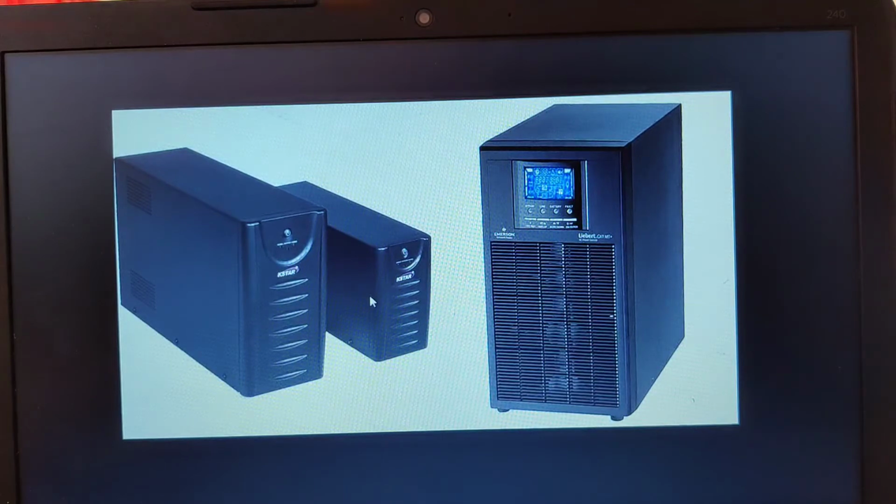Now in case of offline UPS, what happens? If the current is there, you will not be getting any power supply from the UPS. Instead it keeps on charging. Whereas at the time when the power supply goes off, if there is a current failure, then your computer will switch to the offline UPS. Then you will be able to get the power supply from this offline UPS device.